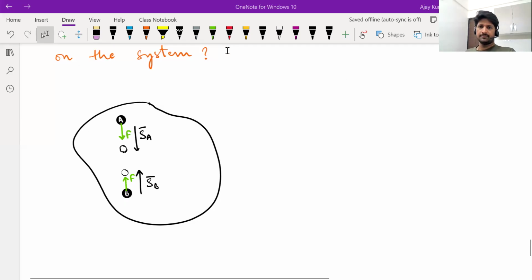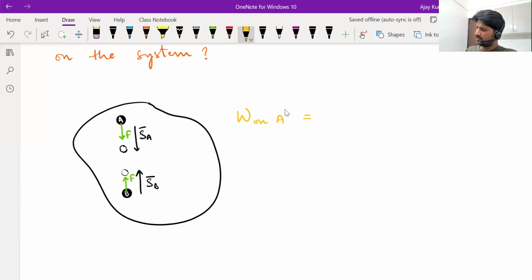Okay, anyone else? The direction. Angle between force and displacement. Now you can see the angles between force and displacement here. So tell me, what is the sign of work done on A? Is it positive, negative, or zero?